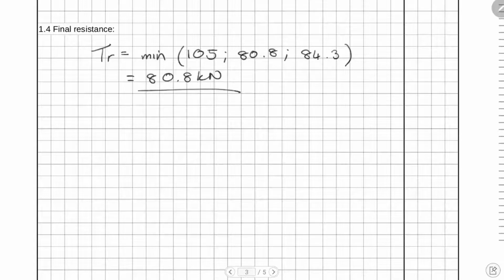And so finally we found that net resistance governs of our section, and we will have an 81 kilonewton resistance of this. So that gives you how to go through a calculation for an area, a block shear, and a gross and net calculation.